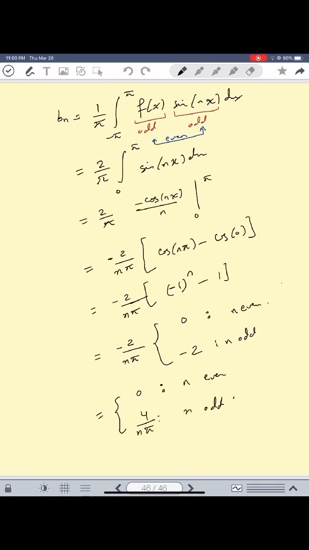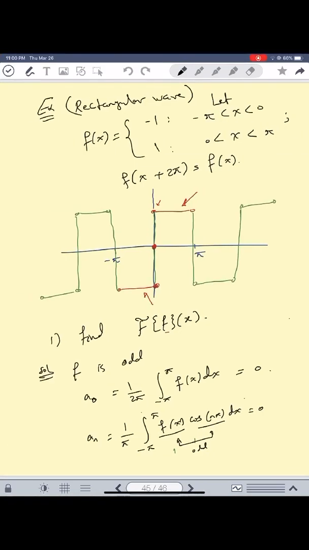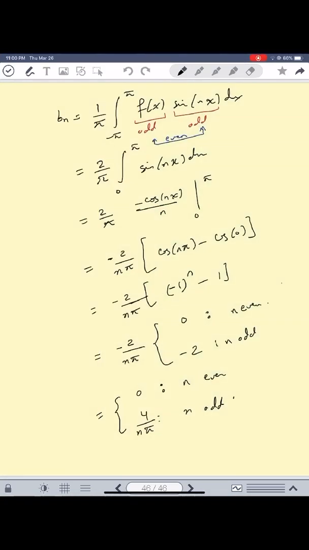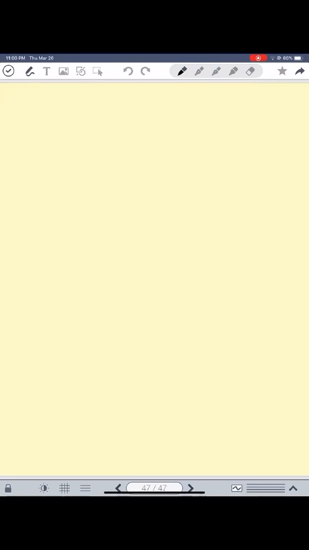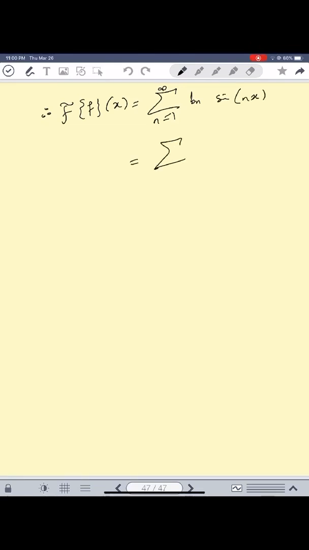Now after finding, remember, we already found a0 and an, which are zeros, and now we found the bn. So basically now we are ready to write our formula for the Fourier series, which is a0, that's 0, plus the sum from 1 to infinity of an, that's 0, plus bn times sine nx. Now in our example, what is the bn?